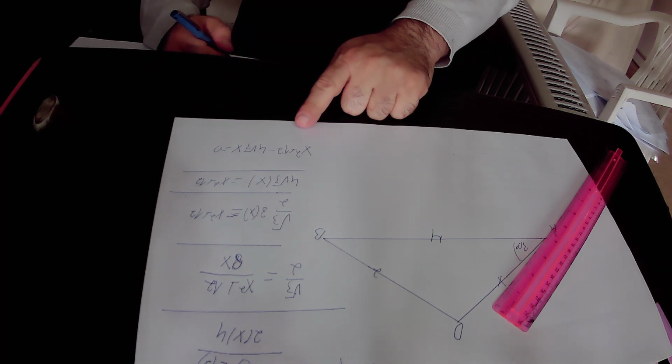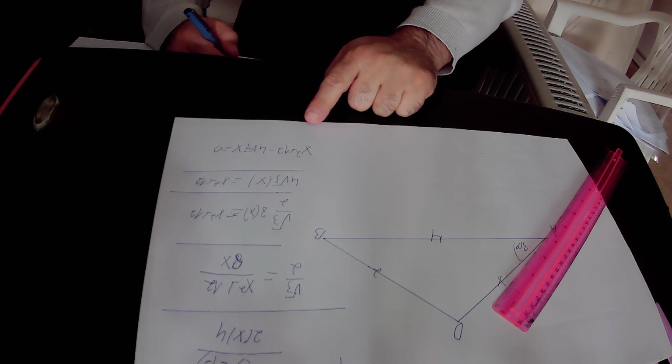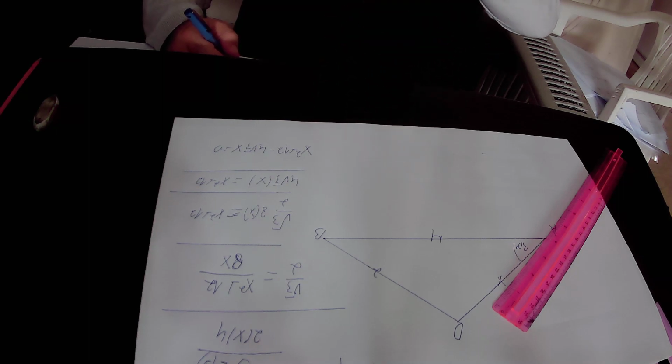Here we will substitute 12 by 2 times square root of 3 squared. 2 times square root of 3 squared equals 12, so you can substitute it by this expression.